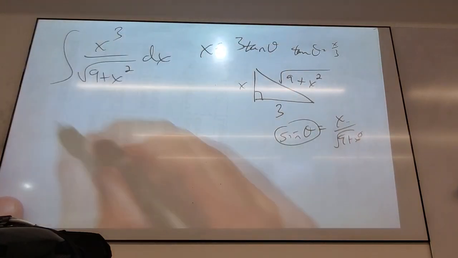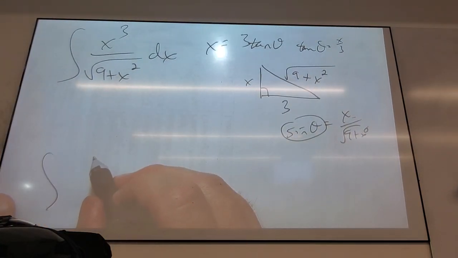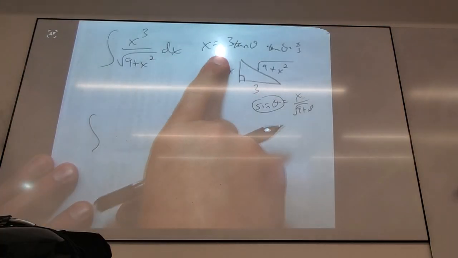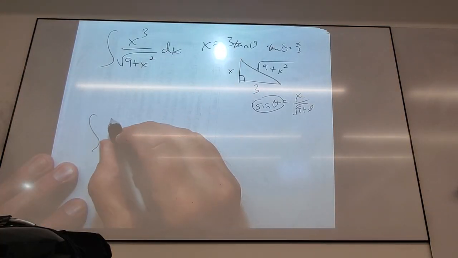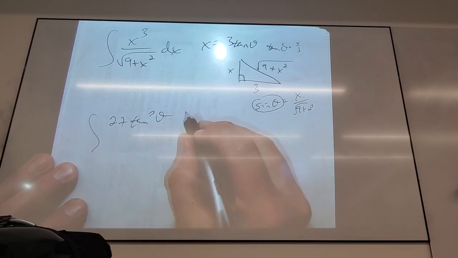So, how do I rewrite all this? What goes on top? 3 cubed is 27, and then I got tangent cubed. What's dx?